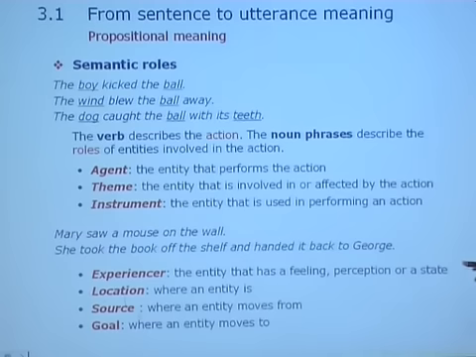So we have experiencer as the entity that has a feeling, a certain perception, or is in a certain state, as different from agent, the entity that performs an action. We have the location where the entity is. We have the source where an entity moves from. So she took the book off the shelf and handed it back to George.